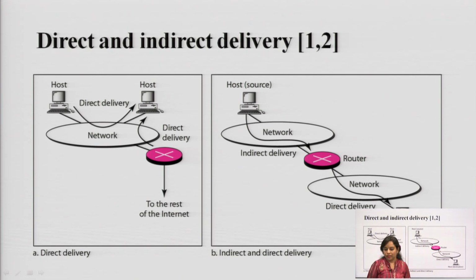First we will see what is direct delivery and what is indirect delivery. The first diagram shows direct delivery. Here this is host 1, this is host 2, and this is connected to a network. Now, this network can be an ATM network or a frame relay network.